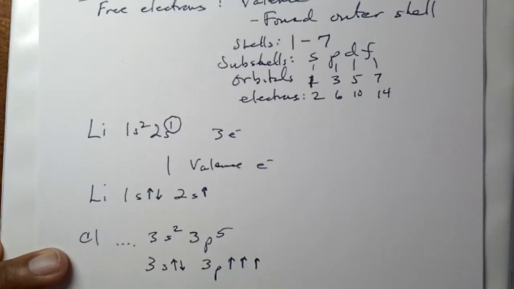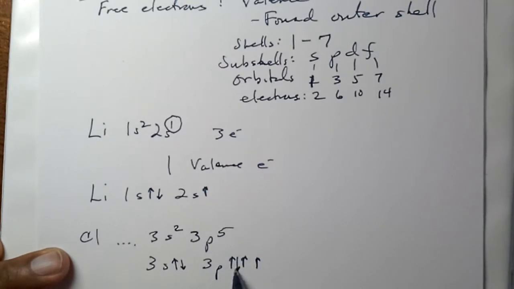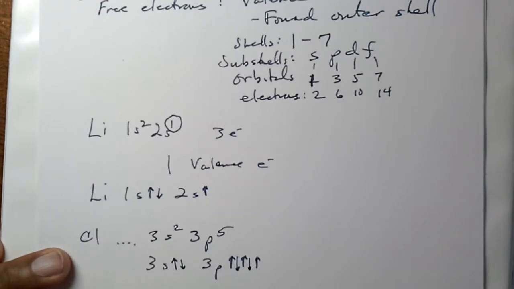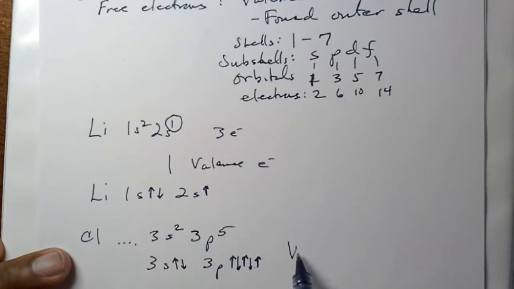Remember, we have 3 orbitals in p, and we can contain 6 electrons, but in this case we only have 5, so only the first 2 orbitals of the 3 are filled, and we're left with 1 electron in the third orbital. And so how many valence electrons are present in chloride?